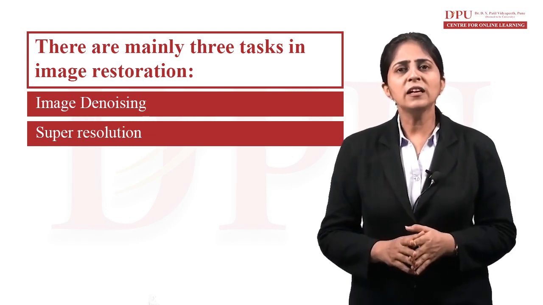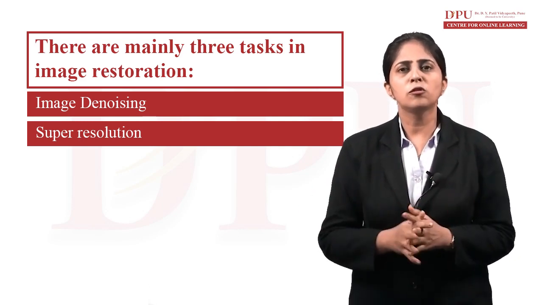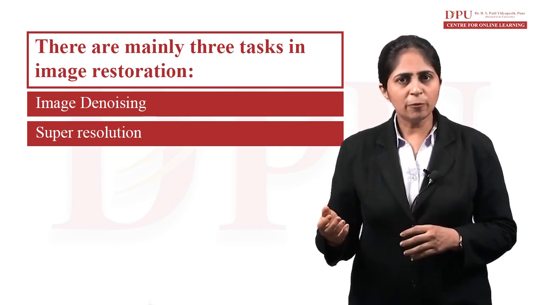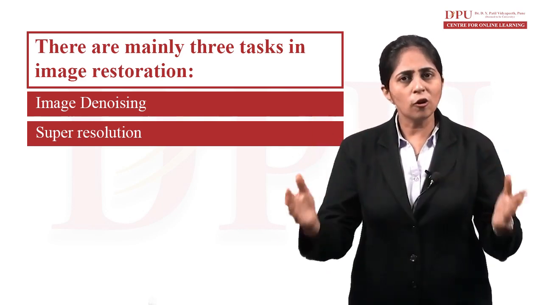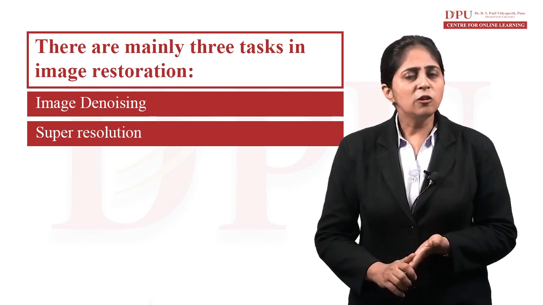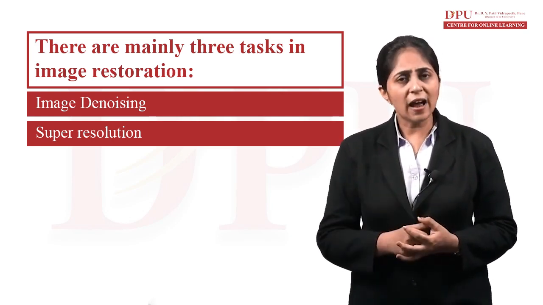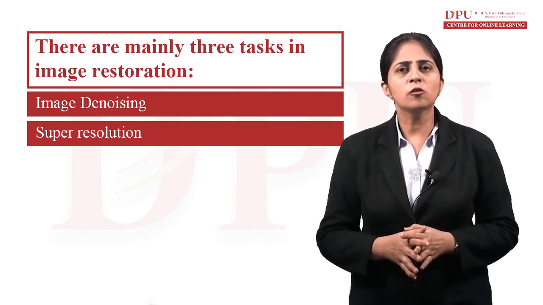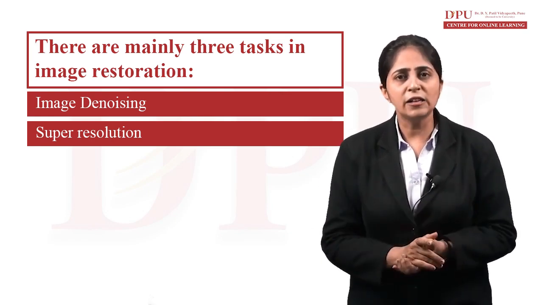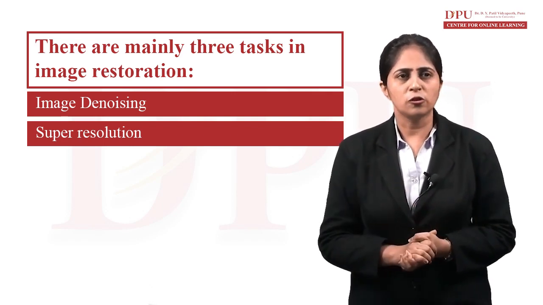Our convolutional neural network will be provided with some low resolution images, and its task is to convert these low resolution images into high resolution images. This process is called super resolution.